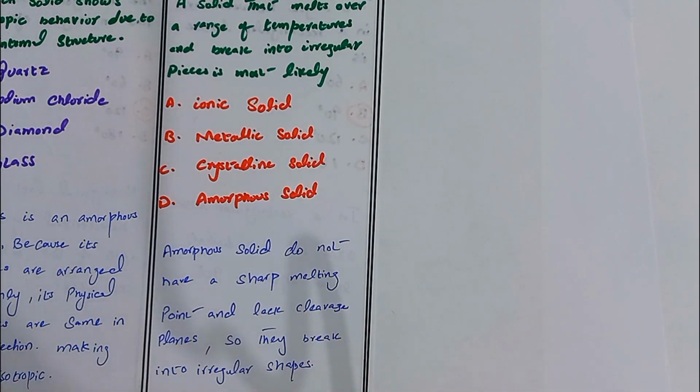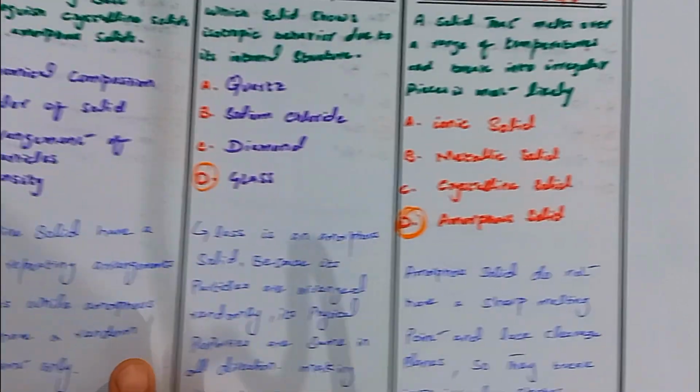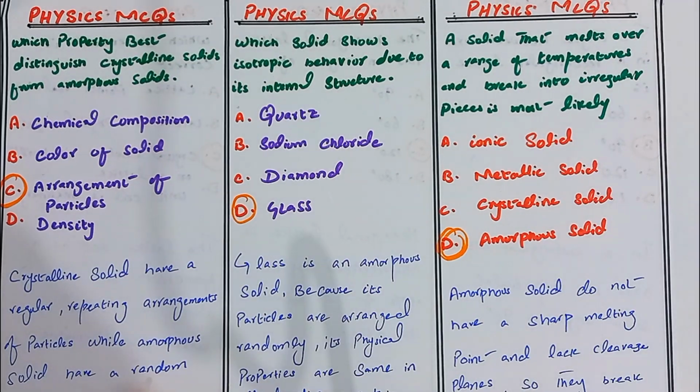So our correct option is option D, the amorphous solid, which breaks into irregular pieces and melts over a range of temperature because its atoms are not arranged in a regular arrangement. Atoms are arranged randomly.